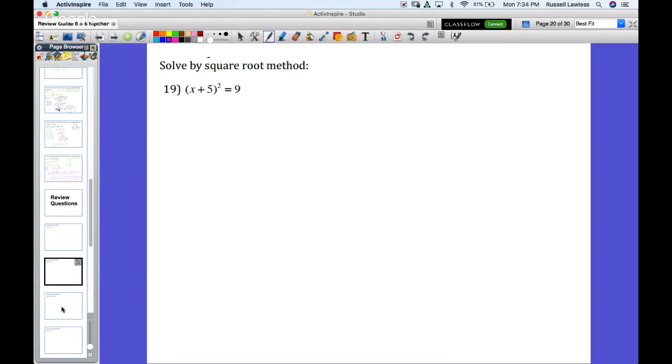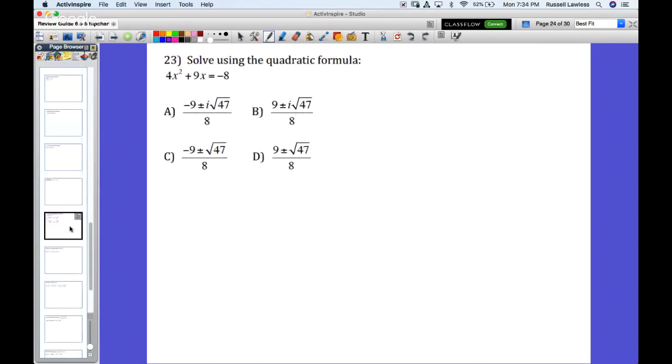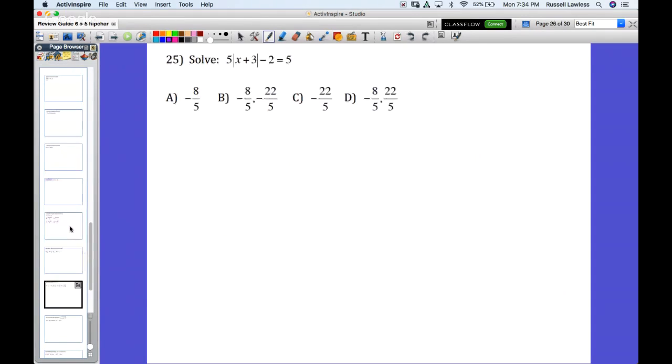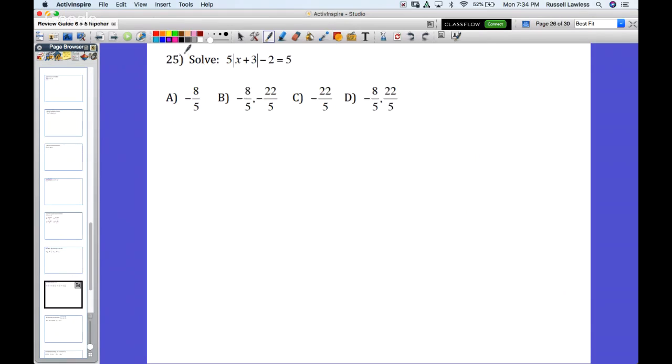I'll do 19. I'm going to circle these just for me. I'm just kind of looking through the review guide, seeing what would be good to do. Might be good to do this one rather than multiply. We'll call it simplify. See what happens. How to simplify this. We've done quadratic formula. Might be good to work on some practice here and some practice of absolute value.